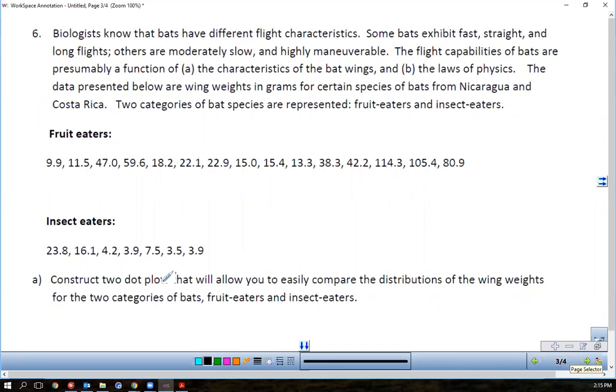These 2 dot plots allow you to compare distributions. So they are comparative dot plots.